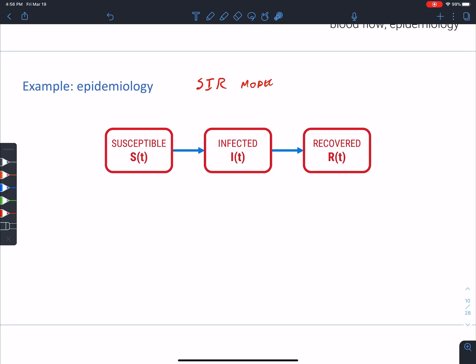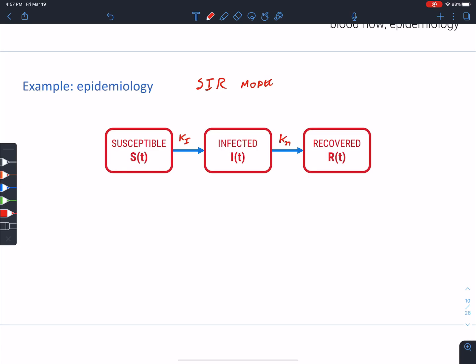So let's say we have an epidemic going on, and we have some knowledge about the rate at which susceptible people become infected. We can call this KI. And we also have, let's say, a rate, perhaps given in percentages, at which infected people recover.